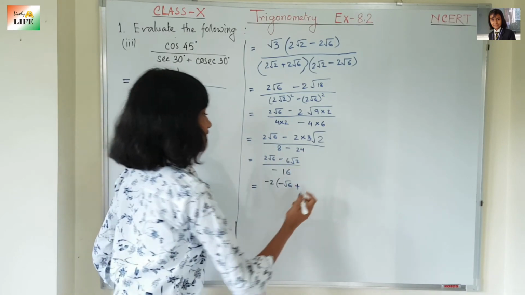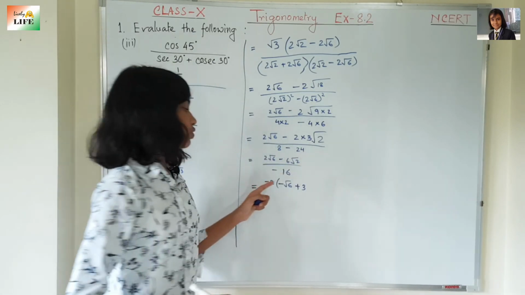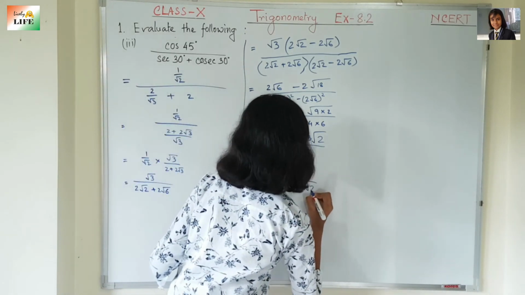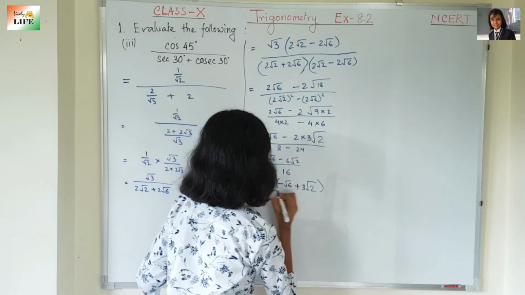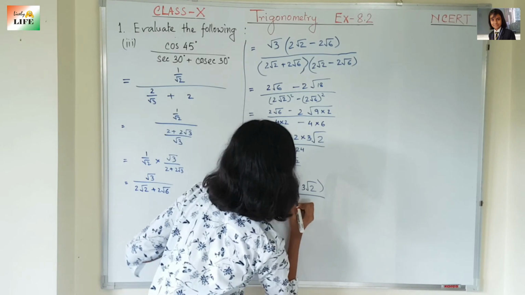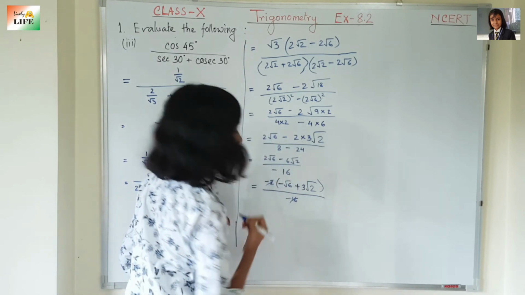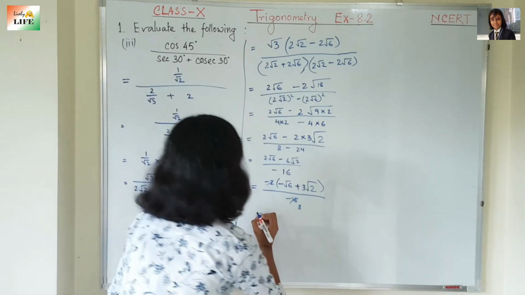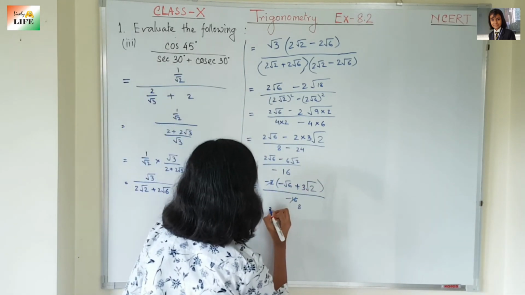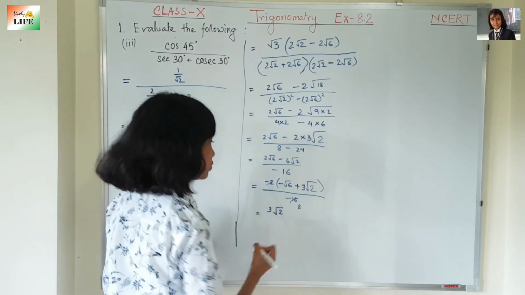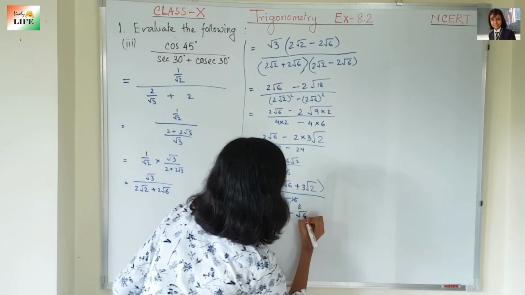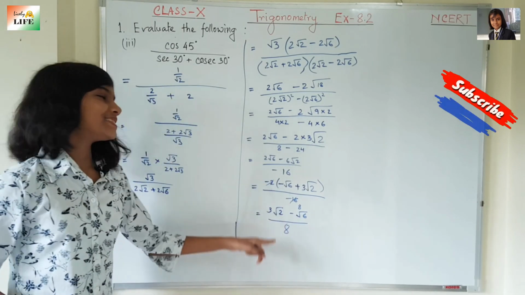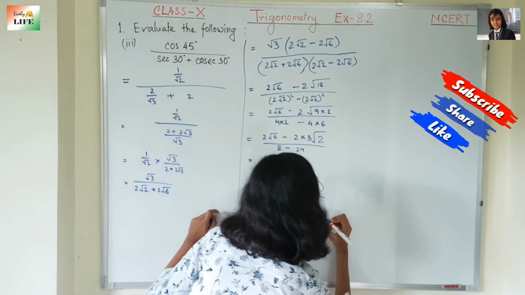So it will be 3, right, 2 3s are 6, 3 root 2 by minus 16, 2 8s are 16. Now, if we write this like this, 3 root 2 minus root 6 by 8. This is the answer.